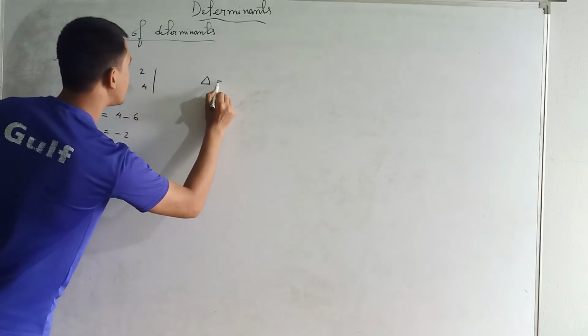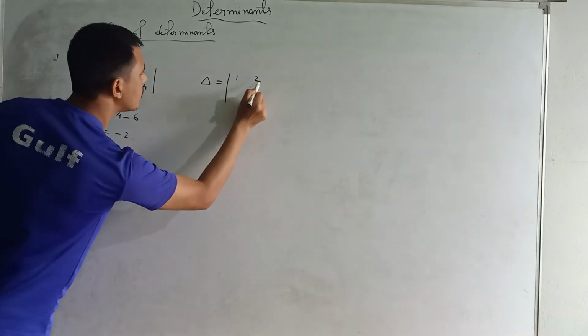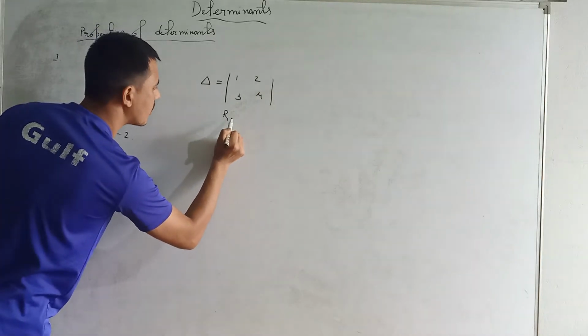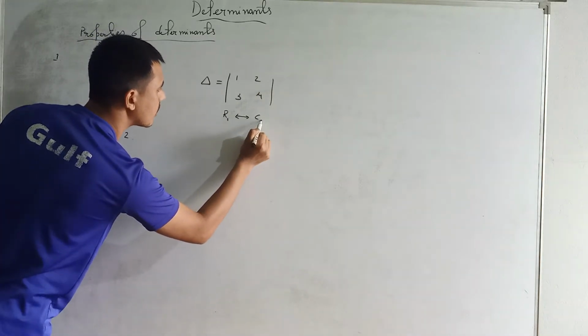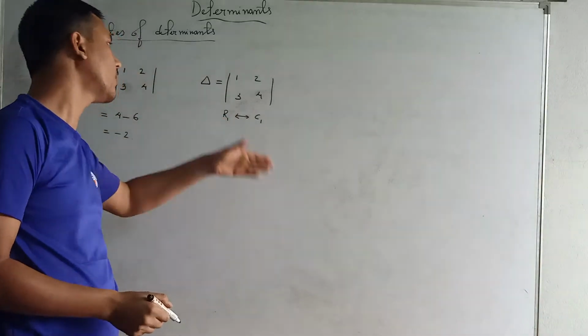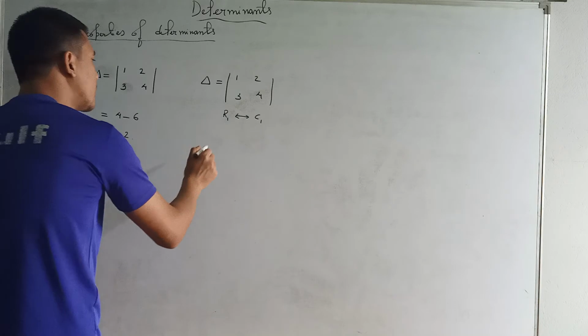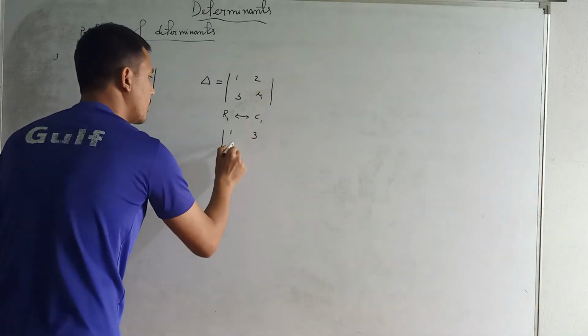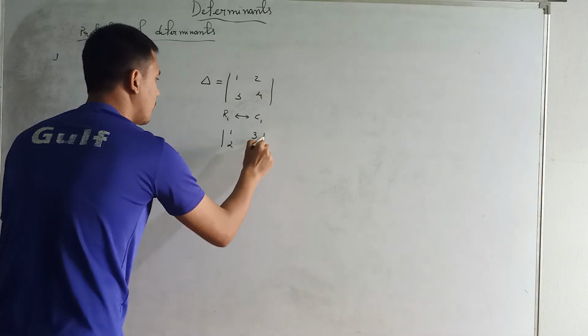So to this given determinant 1, 2, 3, 4, we can exchange row 1 and column 1. Row 1 becomes column 1 and column 1 becomes row 1. Then your determinant will now become 1, 3, 2 and 4.